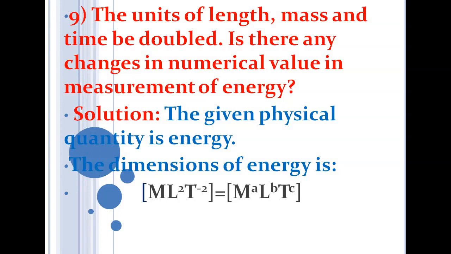So energy has the dimension M^1 L^2 T^-2, that is, mass has dimension 1, length has 2, and minus 2 is the dimension of time in case of energy.